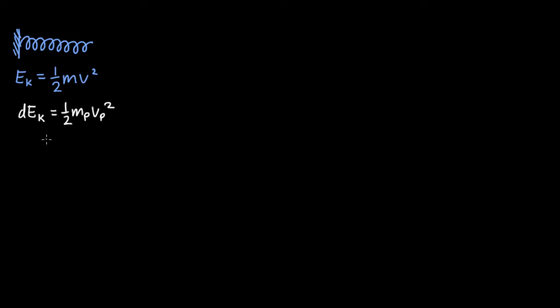We assume that a spring's mass, m, is uniformly distributed over its length, L. Therefore, the mass per unit length is m over L. For a point that has a width dl, the mass of the point equals m over L times dl.